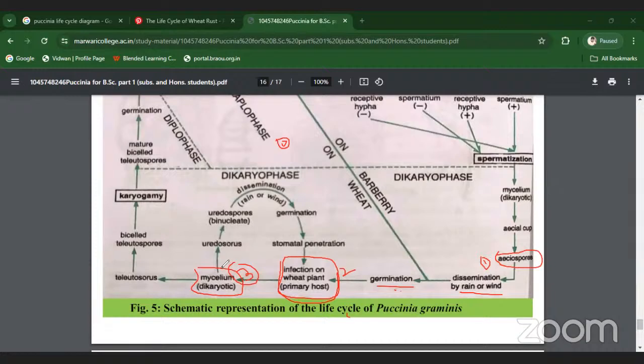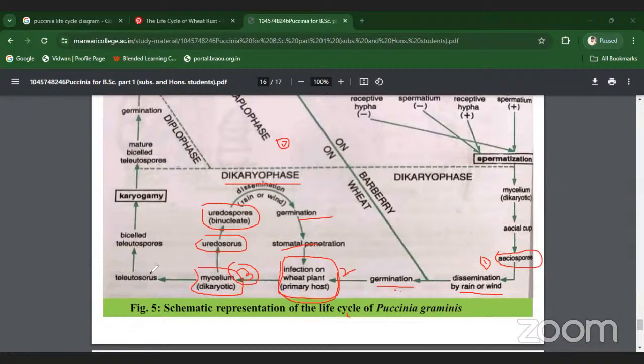After mycelium formation, uredospores are formed on the mycelium. These are binucleate uredospores. They are disseminated by rain or wind, and after germination and stomatal penetration, they again infect the wheat plant. That's why it is called the repeating stage. So this is all the dikaryotic, two-nuclear dikaryophase. Is it clear?